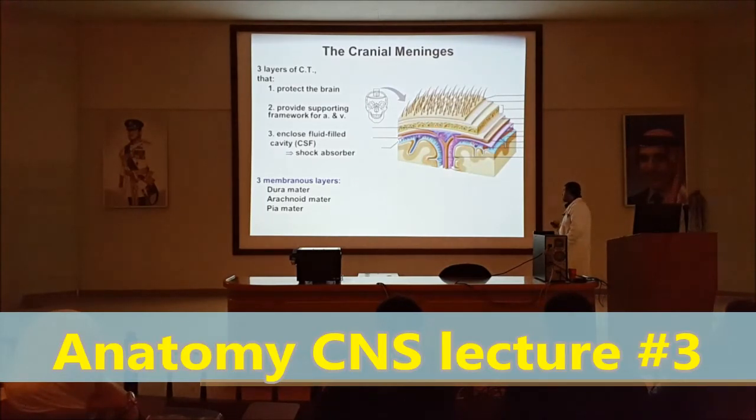What are their functions? First, they provide protection. Second, they provide a framework for arteries and veins passing within them, especially within the dura layer, the outermost layer, the dura mater. As you see here, you can see a vein here. So they provide a framework for arteries and veins.